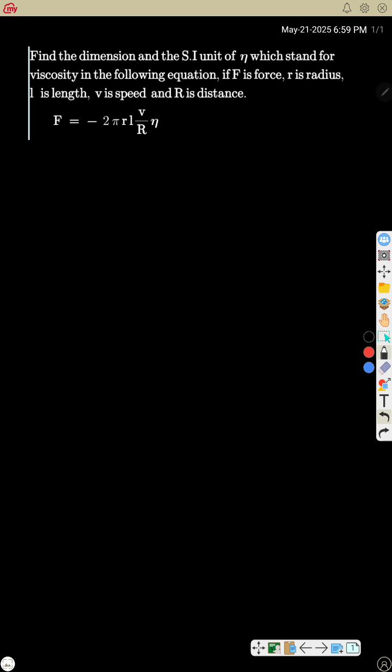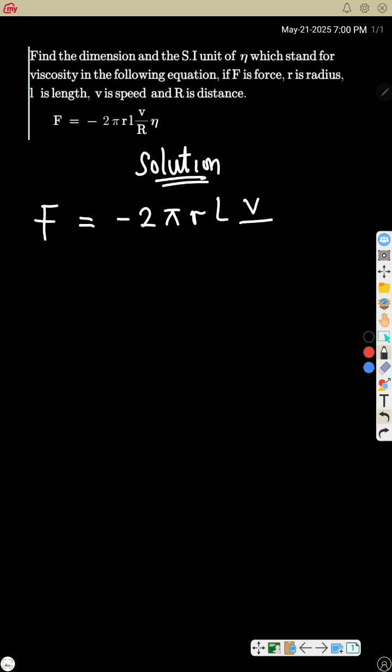So we're given the equation that the force F equals minus 2 pi r l v over r viscosity.